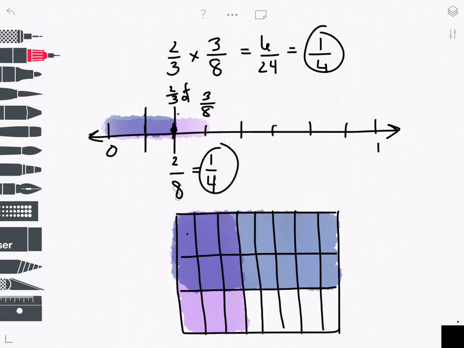So I've got 1, 2, 3, 4, 5, 6 overlap cells out of a total of 24 cells. Remember, I segmented into eighths and then thirds for a total of 24 cells. And again, I can simplify that to 1/4.